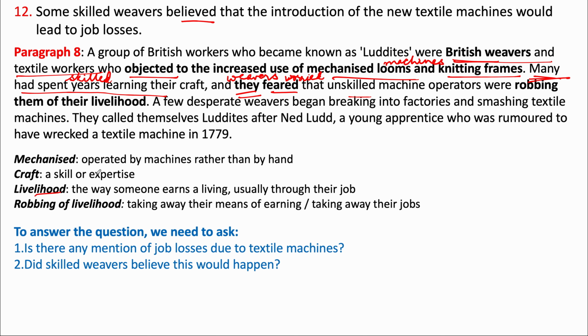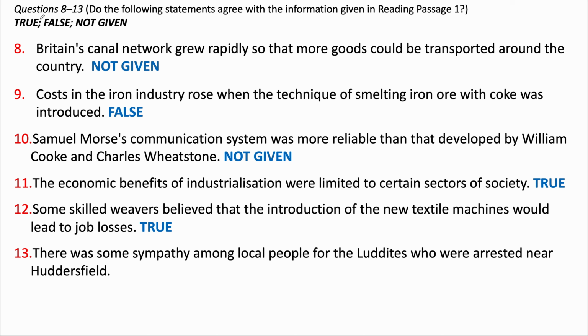Livelihood means the way someone earns a living, which is their job. Robbing of livelihood means taking away the livelihood or taking away the job. So, skilled weavers did believe that the machine operators or the machines would take their jobs. This means the answer to the 12th question is true.